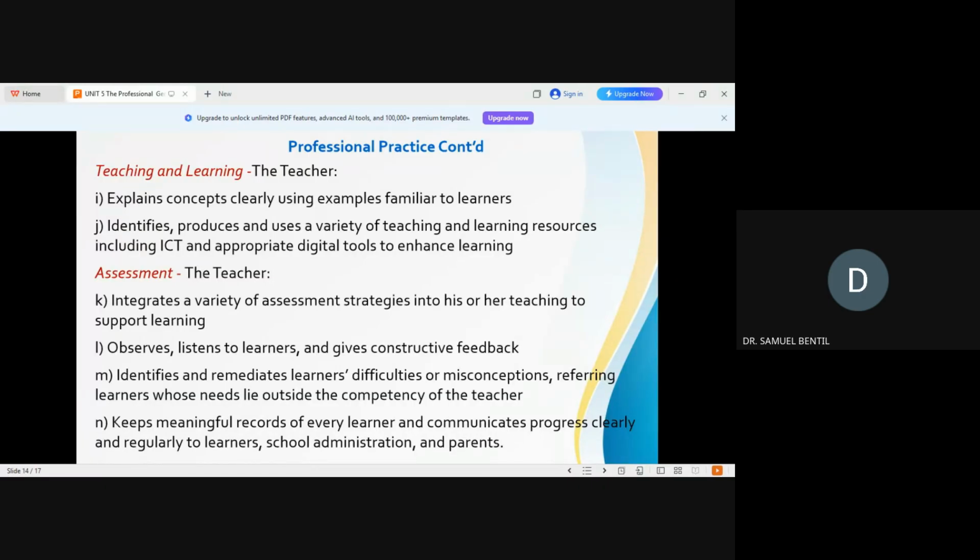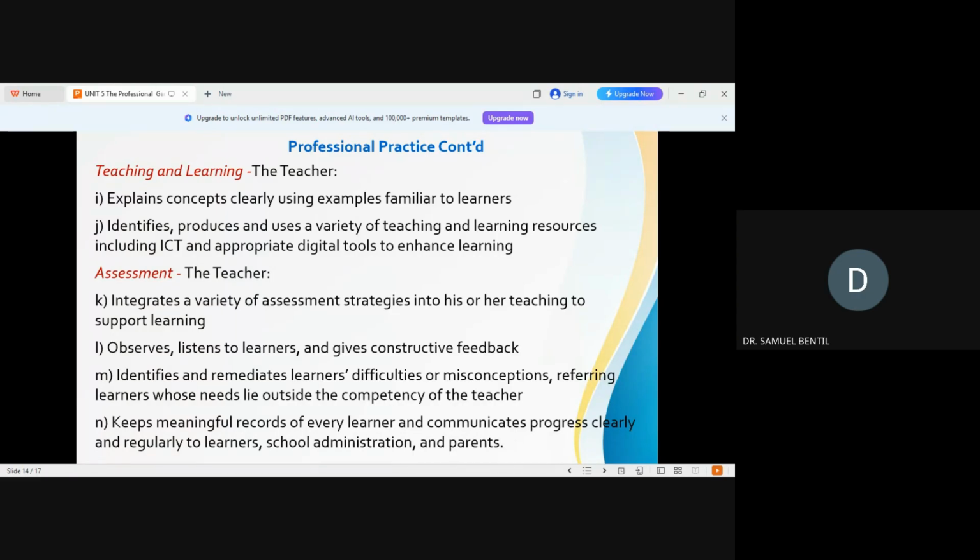Very, very important. You must also identify, produce, and use a variety of teaching learning resources, including ICT and appropriate digital tools to enhance learning. We have said that teaching learning resources are very, very crucial in enhancing effective teaching and learning. So you must also be able to identify and use varieties of these resources.